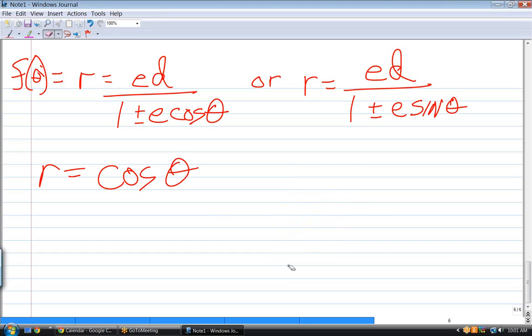I think part of the problem with math is they simply ran out of letters by the time they got through the 26 letters of our alphabet and the Greek alphabet. They end up having to use letters repeatedly. It annoys me that E has these two different definitions. E is eccentricity, but E is also 2.71, the limit of 1 plus 1 over x all to the x power as x goes to infinity.